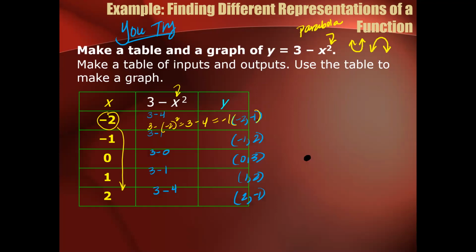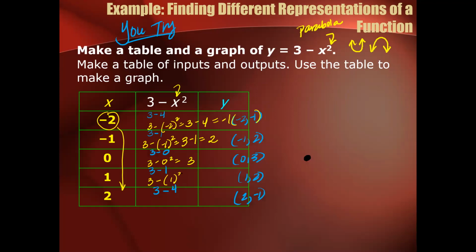So my first point is negative 2, negative 1. Then I have 3 minus negative 1 squared, which is 3 minus 1, and that gives me a 2. Then I have 3 minus 0 squared, which is just a 3.